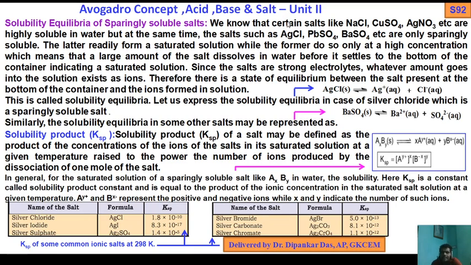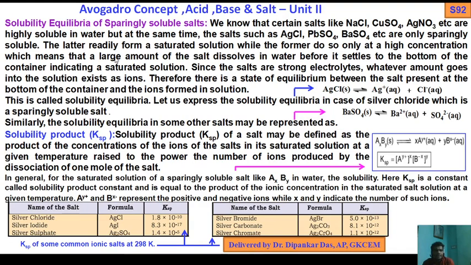We know that certain salts like NaCl, copper sulfate, silver nitrate, etc. are highly soluble in water, but at the same time salts such as AgCl, PbSO4, barium sulfate, etc. are only sparingly soluble salts. The latter readily form a saturated solution, while the former do so only at high concentrations.